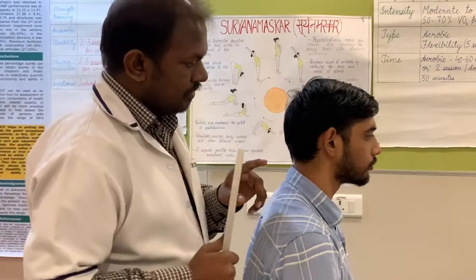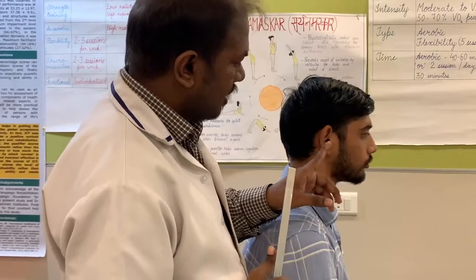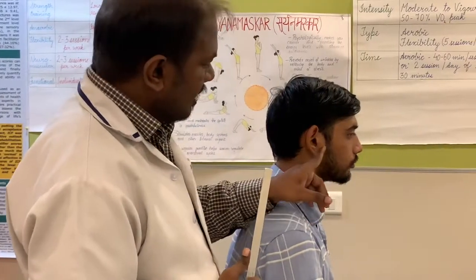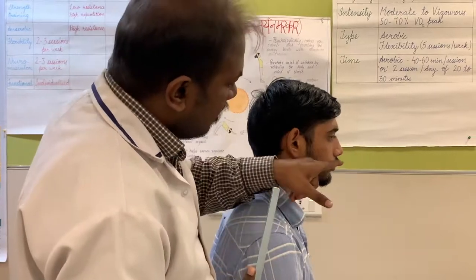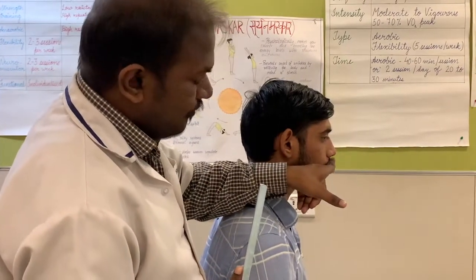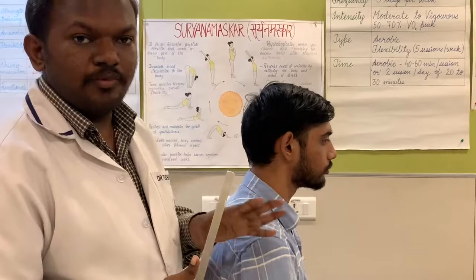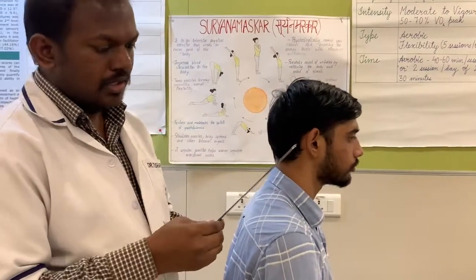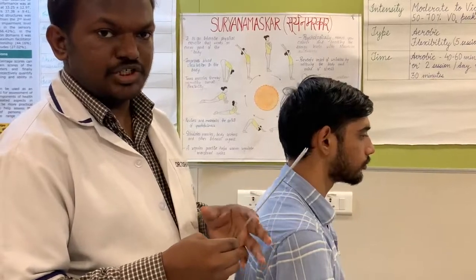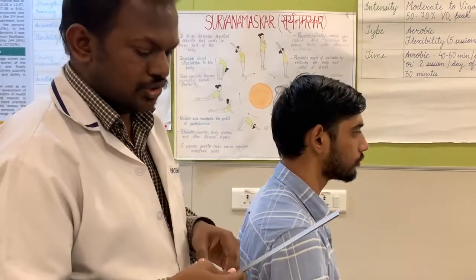The first landmark, where we are going to put the fulcrum, is the external auditory meatus, and the base of the nares for the placement of the movable arm. Now I will explain how you can place the goniometer to check the cervical flexion as well as extension range of motion.